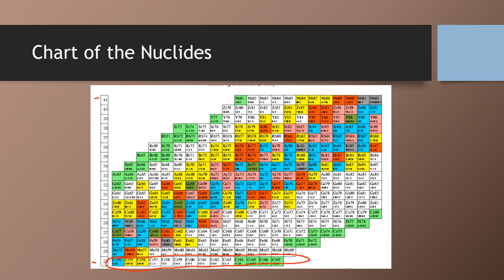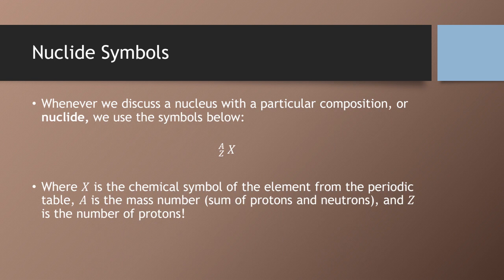Generally, I think the ones that are in white in this picture are the stable isotopes. The others will decay in some way, which we'll talk about in a few sections. To refer to all these different isotopes, we use a nuclide symbol, which includes the mass number, the atomic number, and the chemical symbol.